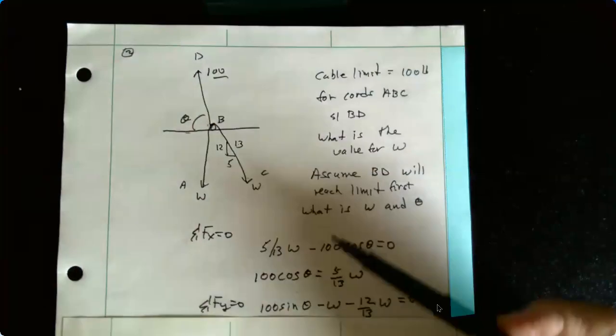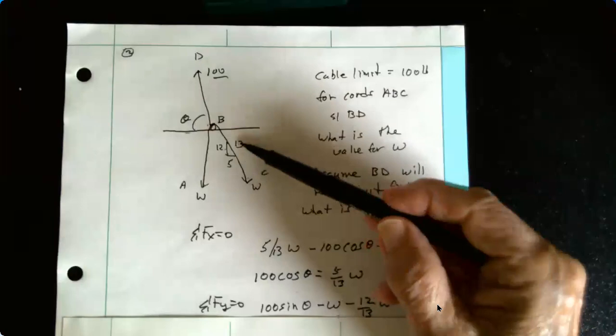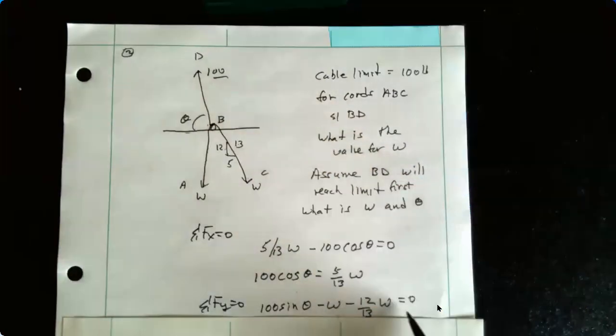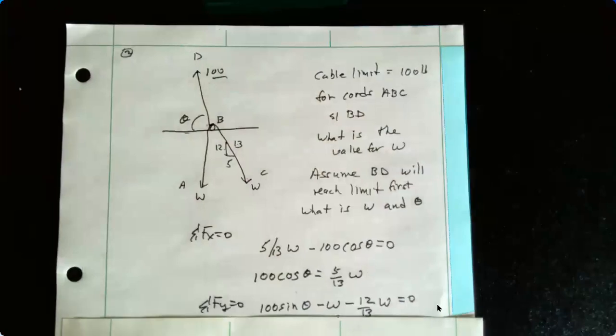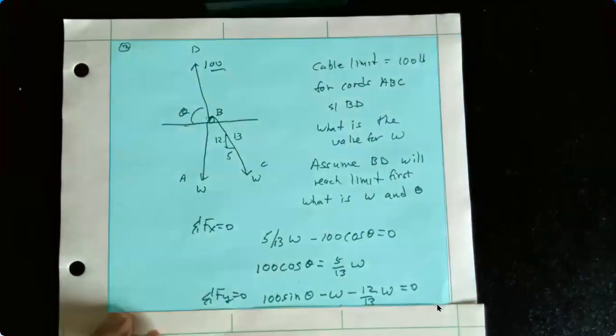And using slopes, 12/13 W minus 12/13 W equal to 0. So we have sum of forces in the X and sum of forces in the Y.